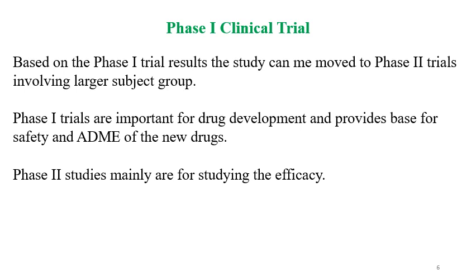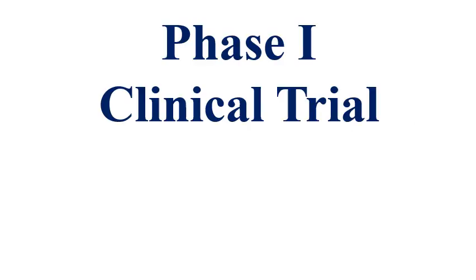Phase 1 clinical trials are important for drug development and provide the basis for the safety and pharmacokinetics of the new drugs. Phase 2 studies mainly are performed for studying the efficacy of the drug.